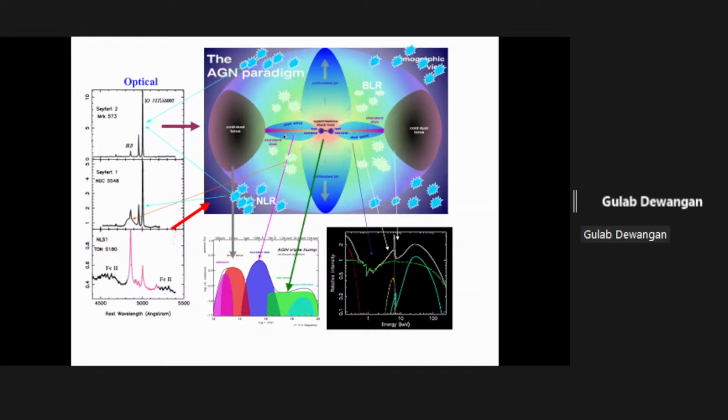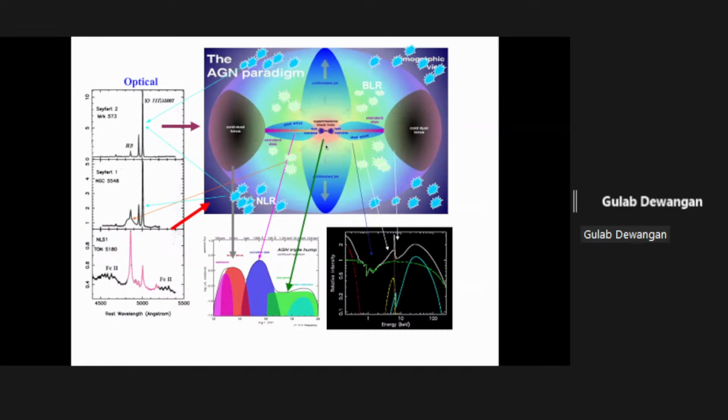It forms an accretion disk around the supermassive black hole, and this accretion disk is the source of the optical-ultraviolet continuum emission, shown in the bottom center panel here in the blue shaded region. This is called the big blue bump emission, and we'll see it in a little more detail.